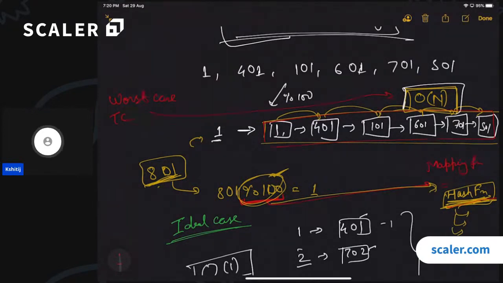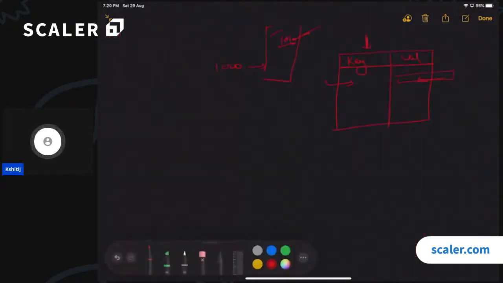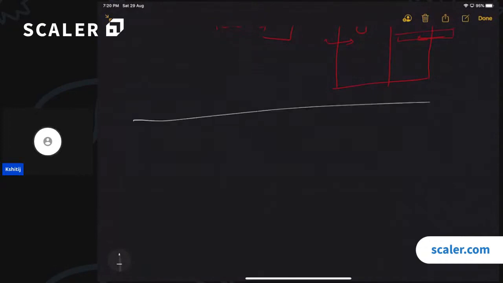Komal has got a good solution to that. If I'm using a list which is not sorted and which is a linear linked list, what is the worst case time complexity of searching in this list? The worst case time complexity of searching in a list is order n.